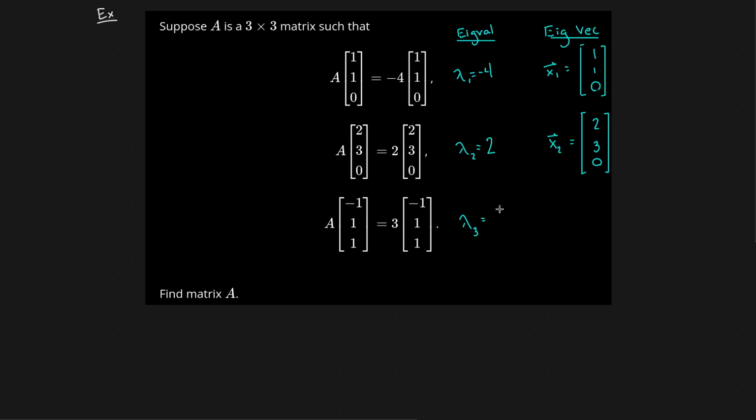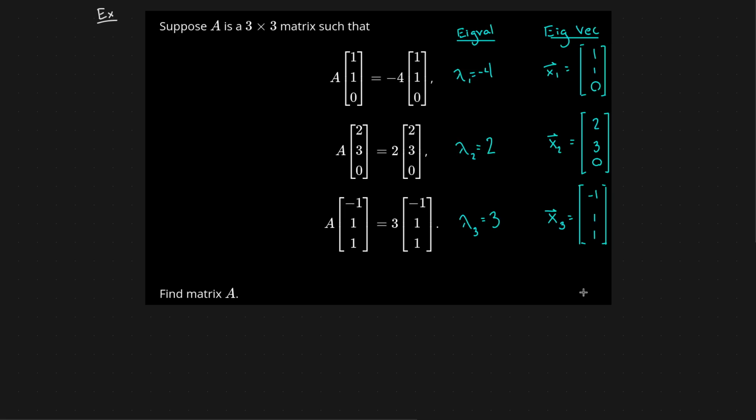And then statement 3, we have an eigenvalue equal to 3 and a corresponding eigenvector equal to (-1, 1, 1). Okay, well, great, but how does this help us?